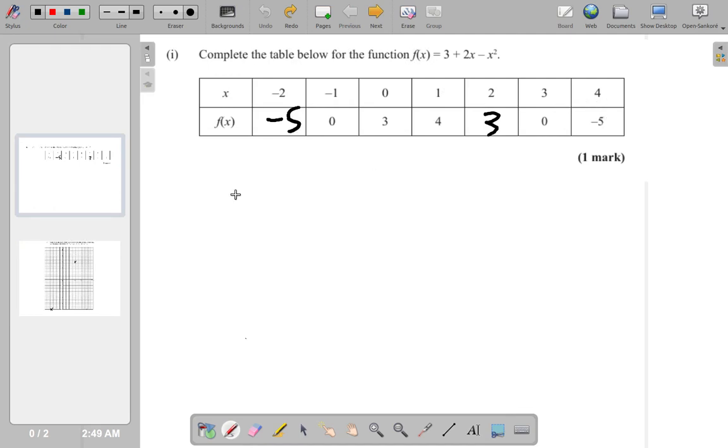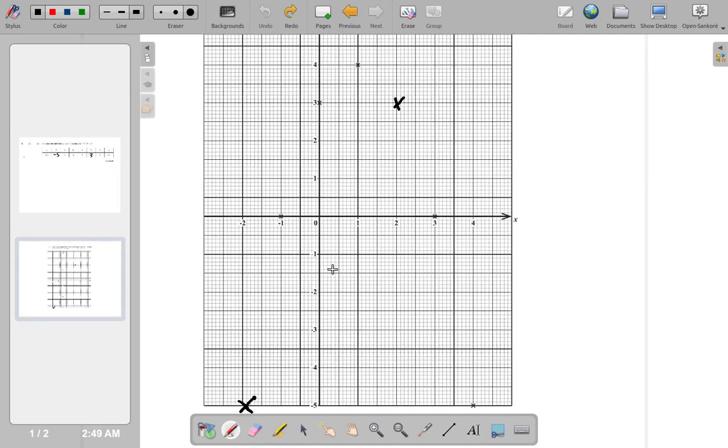Then 4, negative 5, you would move from 0 to 4 on the x-axis. Then negative 5 means move downwards 5 units, so this point is a point that was already plotted.